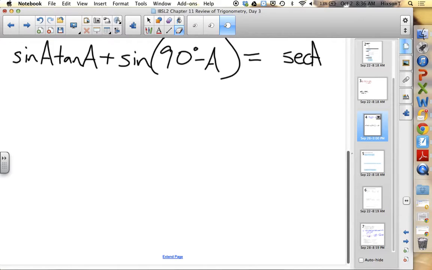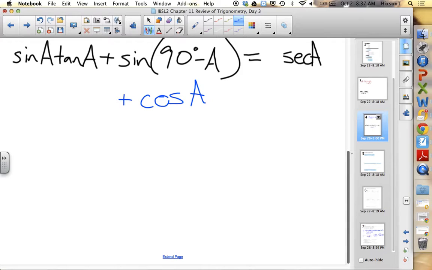So thoughts? We want to prove that the left side equals secant. So you change this to cosine. Alright, that is cosine of A. That's our cofunction identity. Are we given those?